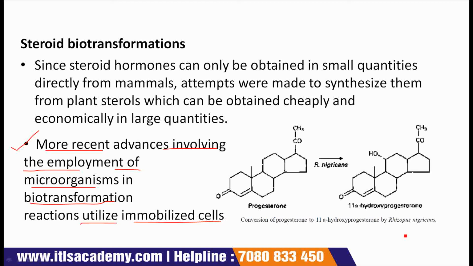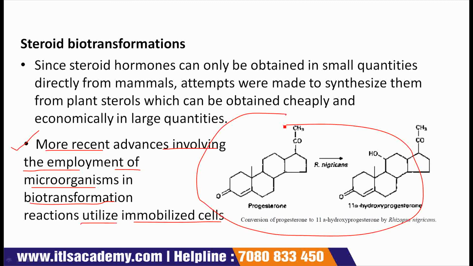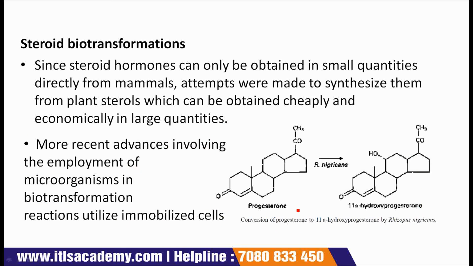You can see here, in this diagram, the conversion of progesterone to 11 alpha hydroxyprogesterone by Rhizopus nigricans. This is the chemical structure of progesterone. This is a 4-ringed structure; 3 six-membered rings and 1 five-membered ring are present in progesterone.